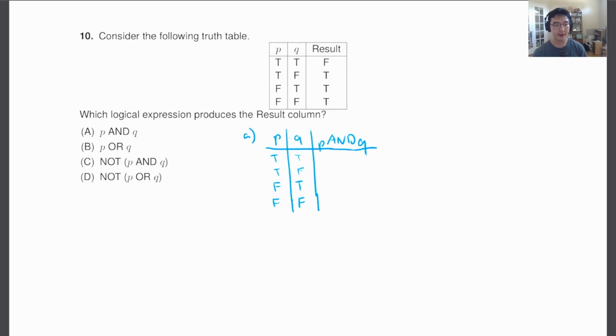Now, the way I like to describe and is I think of my mom as kind of this and. When I was a kid growing up, I had to make sure I did my homework and I completed my chores, and then I would be able to play games. So let's say I've done my homework but not done my chores. Can I play games? No. What if I didn't do my homework yet and I did not do my chores? Can I play games?